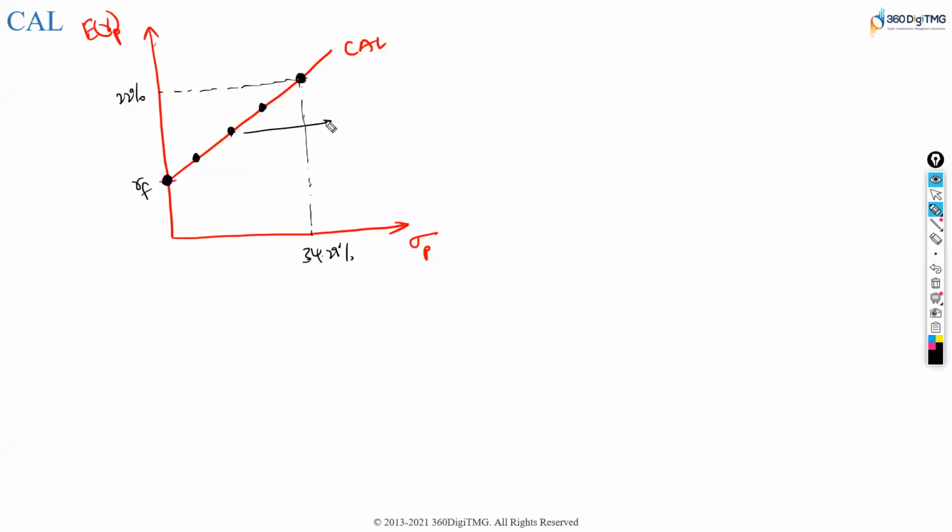So this line typically contains combinations of all risky and risk-free assets.